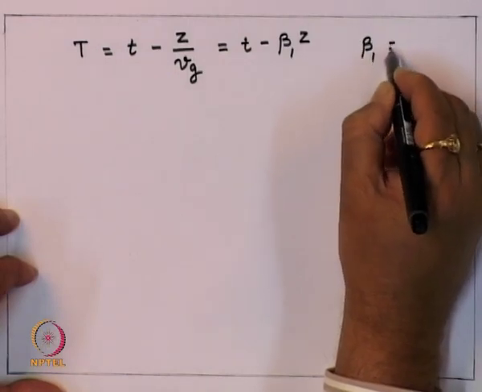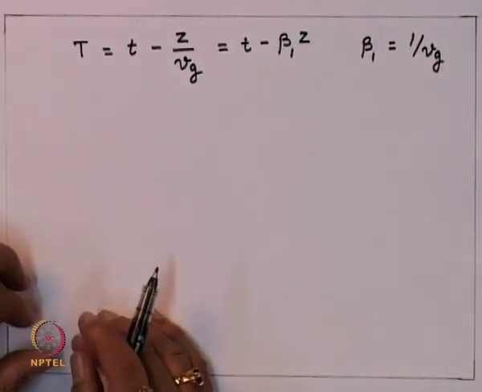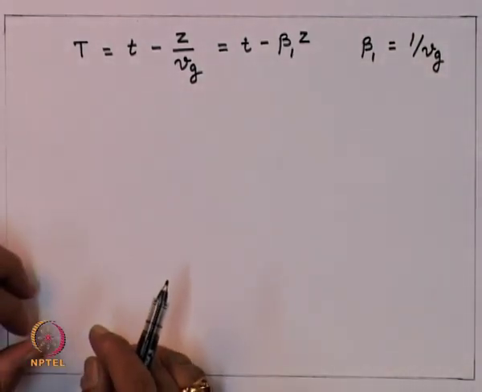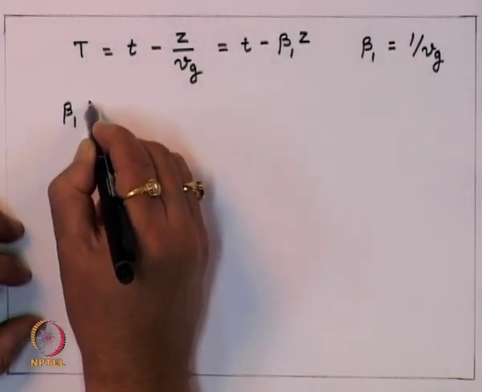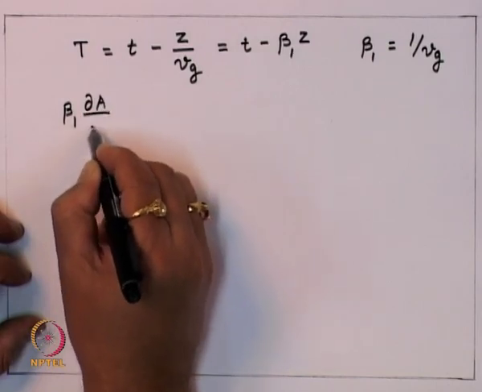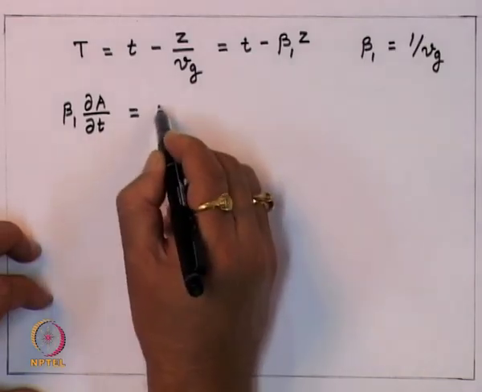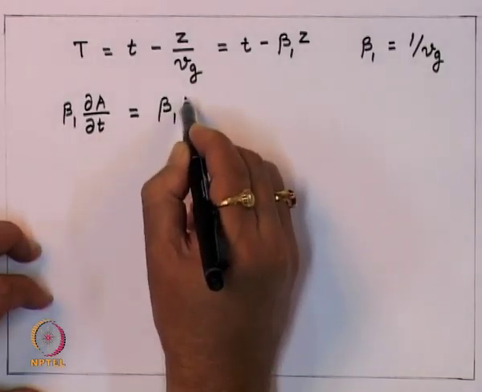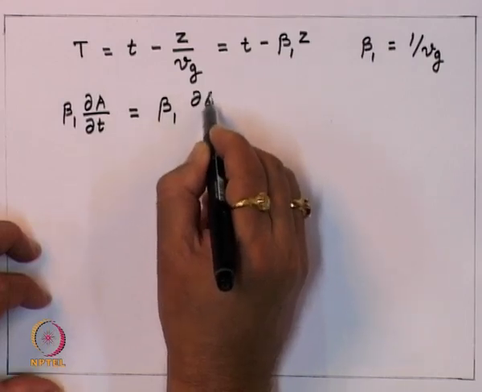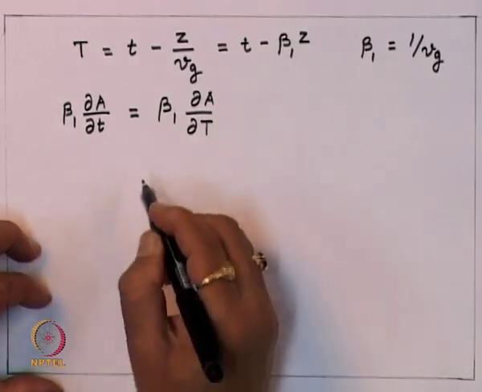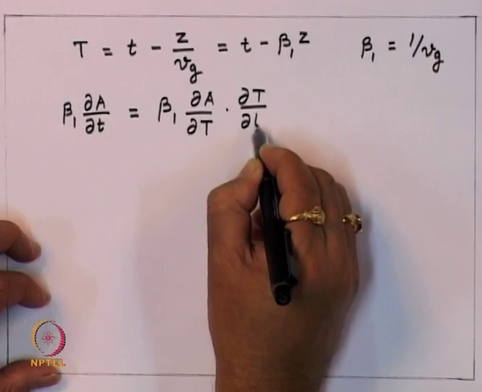As you have seen, beta 1 is equal to 1 upon group velocity. So, this term here, beta 1 times dA by dt, that you can write as beta 1 dA by dT times dT by dt.